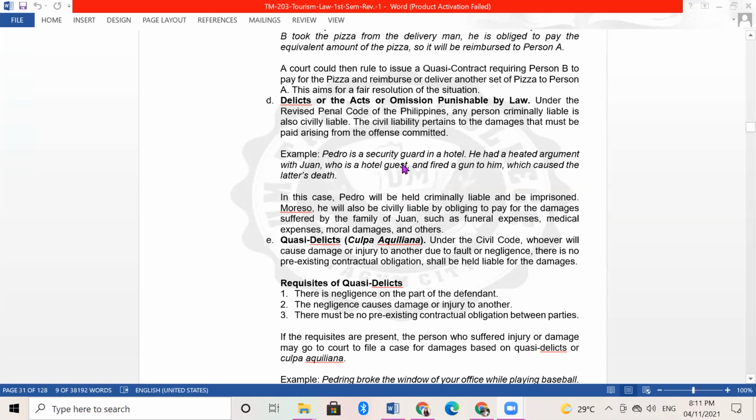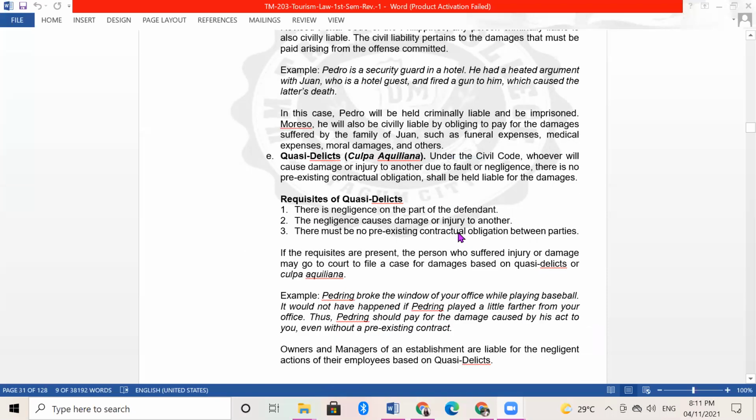So quasi-delicts, or the culpa aquiliana under the Civil Code: whoever causes damage or injury to another due to fault or negligence, where there is no pre-existing contractual obligation, shall be liable for the damages. So the requisites of quasi-delict: first, there must be negligence on the part of the defendant.